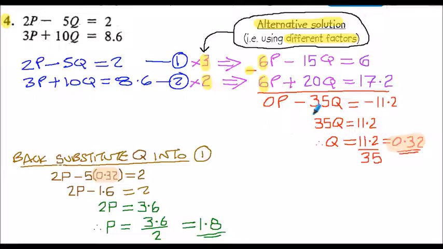We now solve directly for q, and q is 0.32 as in our previous solution, and then back substitute the value of q into equation 1. We solve for p, and p is 1.8 again as in our previous solution. So that's just an alternative way of solving question 4, but in this solution we had to factor both equations to eliminate p, whereas in the previous solution we effectively only factored one equation to eliminate q.